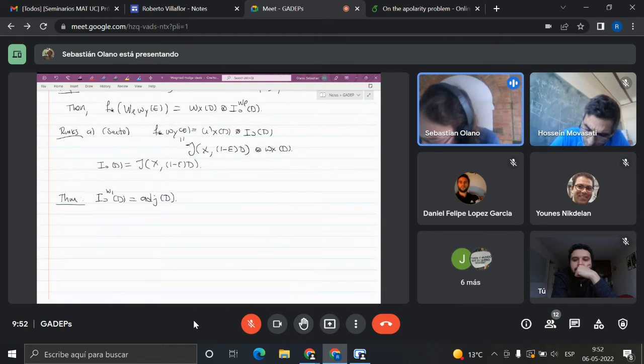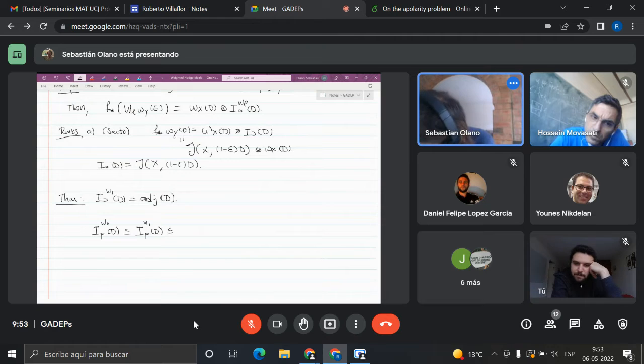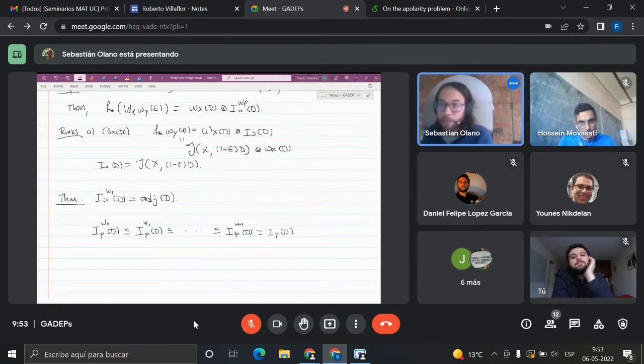In general, we have I_p weight 0 D contained in I_p weight 1 D, and as I said, this goes up until I_p weight n D, and as the weight goes up until 2n, this is forced to be I_p D. This is always a not interesting ideal, because this is just the ideal sheaf of (p plus 1)D, so this captures nothing about the singularities of D. In some sense, we ignore this part, and then we have this chain of ideals.